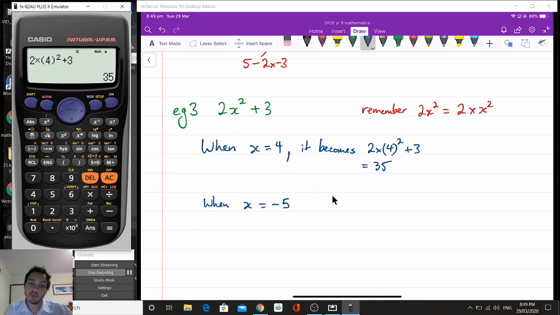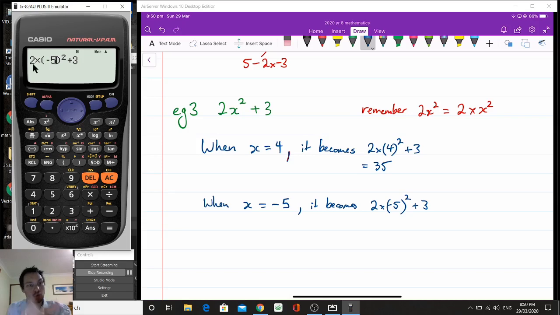Okay, and what we get there is it becomes 2 times negative 5 squared plus 3. And this is why we always substitute in and use brackets with what we're substituting in, because negative 5 squared is the same as negative 5 times negative 5, which is actually a positive answer, which is positive 25.